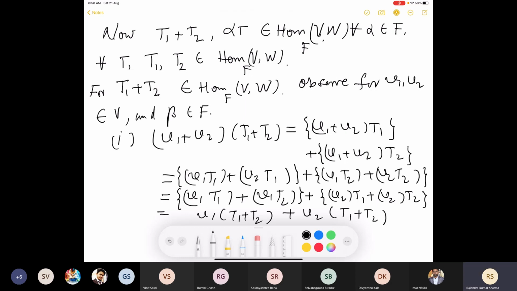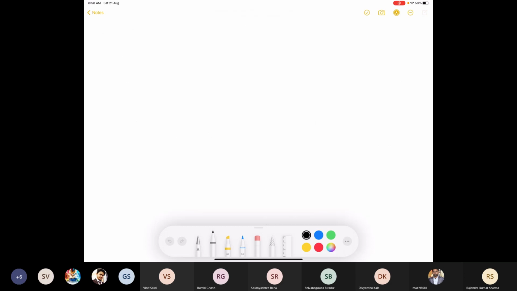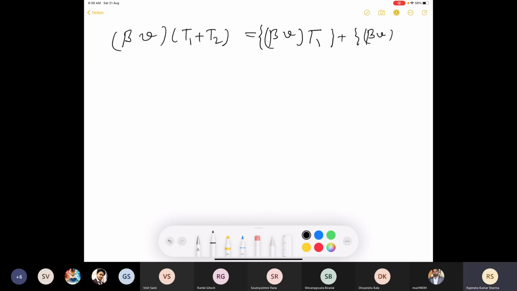So T1 plus T2 preserves the sum. This is the first thing. You can also check that beta v under T1 plus T2 is the same as beta v under T1 plus beta v under T2.